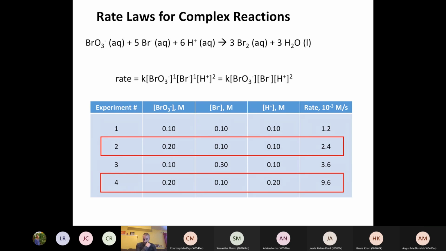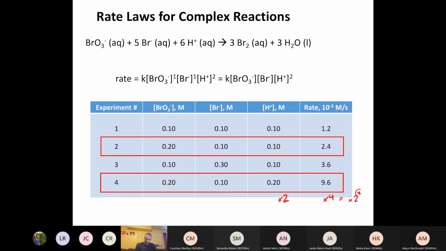Last, you can see between experiment 2 and experiment 4, the concentration of bromate has been kept constant, the concentration of bromide has been kept constant, but the concentration of H plus has been doubled. And what we see is when we double the concentration of H plus, the rate has increased by a factor of 4, which is equal to a factor of 2 squared.